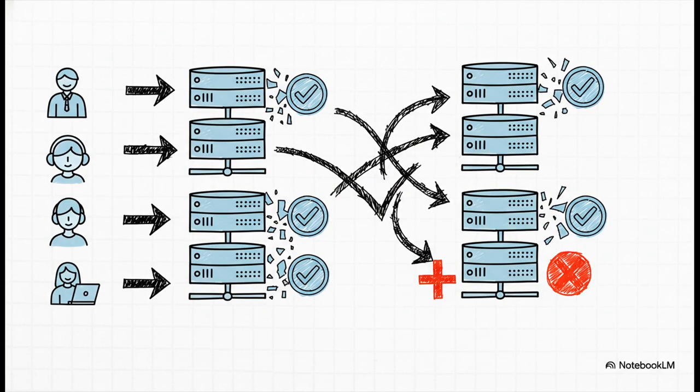The moment you change that n, that number of servers, the result of the modulo math changes for pretty much every single user. It's a total reshuffle. Suddenly, almost everyone is being sent to a brand new server that knows nothing about them. Every single one of those valuable, performance-boosting caches you've built up across the entire system, instantly worthless. It's called a cache stampede, and it can bring your whole application to a crawl.